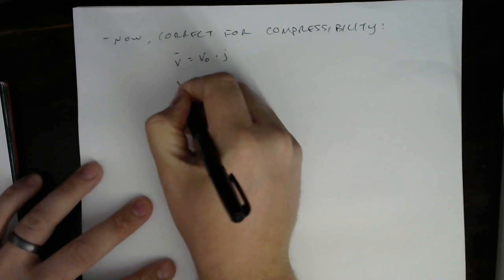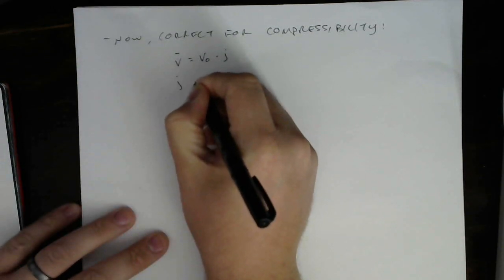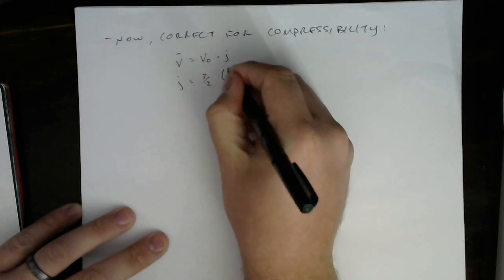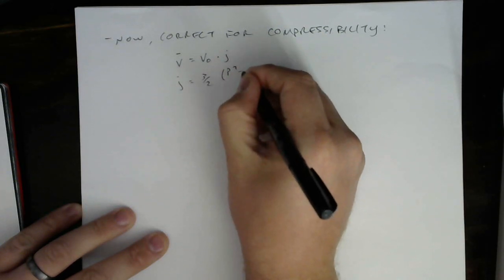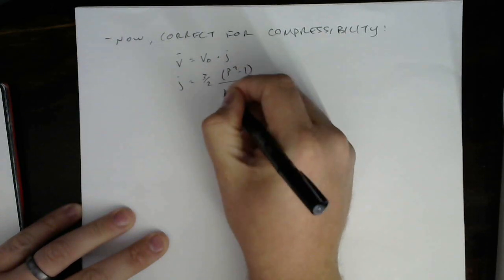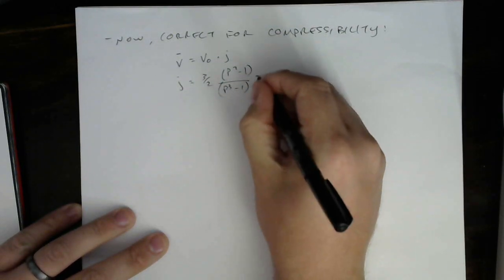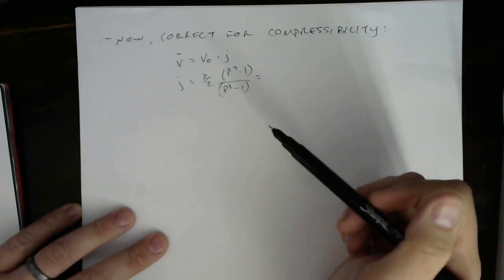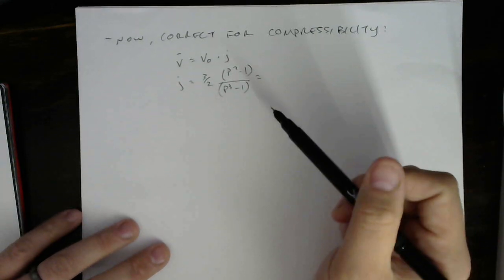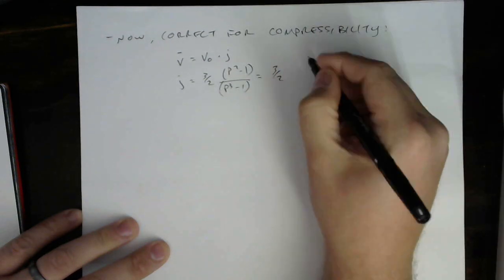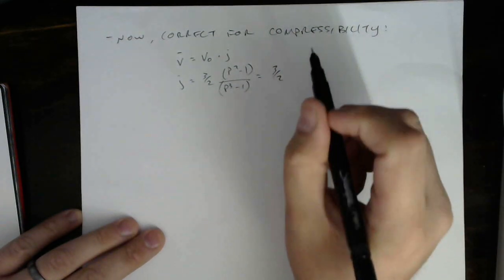And we said J was equal to 3/2 times P squared minus 1 over P cubed minus 1. So let's put this in terms that actually apply to our example here. 3/2 is a constant, but we're going to be looking at an inlet pressure of 40 psig.